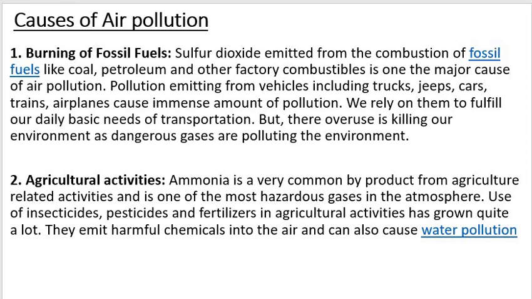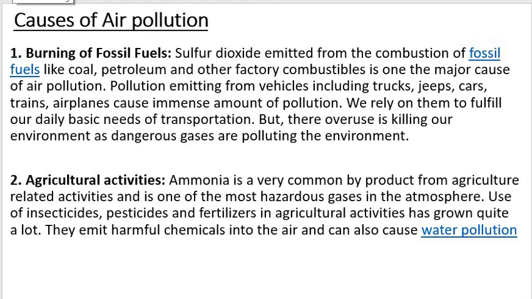Pollution emitting from vehicles, including trucks, jeeps, cars, trains, and airplanes, causes an immense amount of pollution. We rely on them to fulfill our daily basic needs of transportation, but their overuse is killing our environment as they emit dangerous gases.